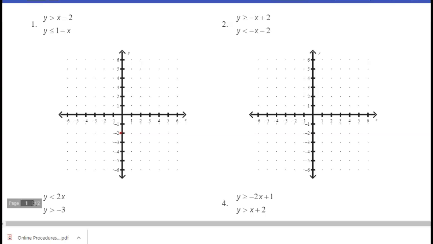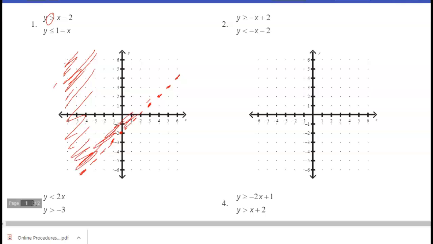So I come down to -2, and it is a dotted line. And our slope is 1, so it's just going up like this. And since it's a greater than, we would shade anything that's above it.